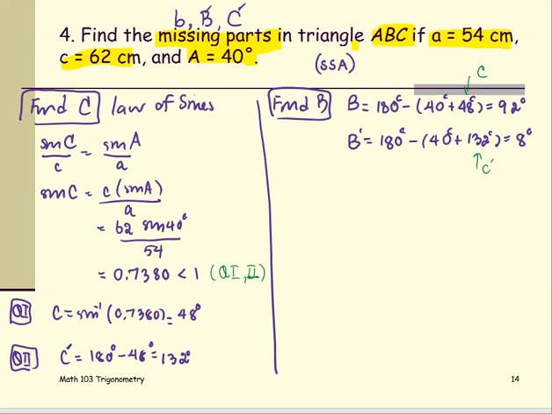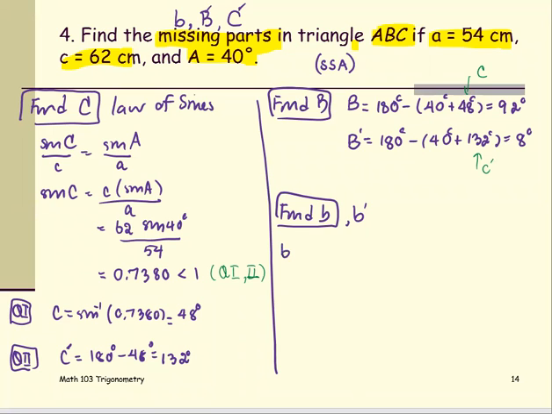Now we have angle B, and next we're going to find side b. We'll use the law of sines to find side b. For the first solution, I put the note here, b and b prime. b is from the first set of possible solutions, b prime is the second set of possible solutions.